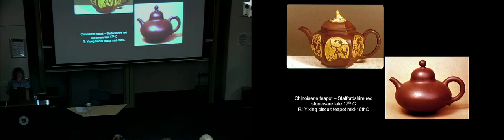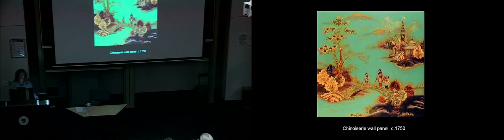Or even the teapot, Staffordshire red stoneware, emulating the very refined Yixing biscuitware teapots that they had in China for the scholar official class, here embellished with bamboo and all sorts of Oriental, chinoiserie motifs. Not so elegant, but quite attractive in that way.